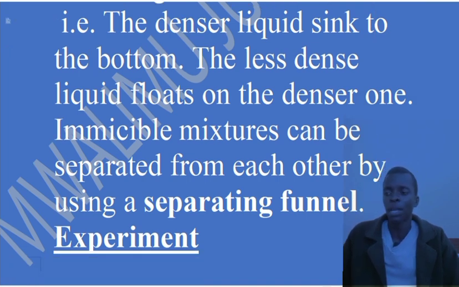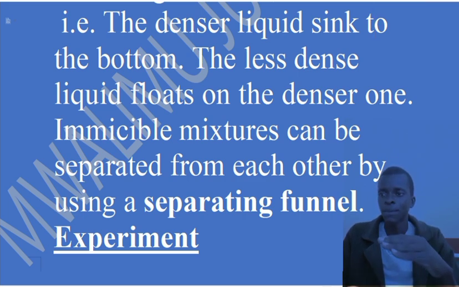But remember, you will not be in a position to obtain the entire liquid that we have mixed, because there is a layer of the tube where they are meeting that we will have to separate. When we are separating, the first liquid that we will obtain will be the denser one, which is settling at the bottom of the container that we have used to mix them.